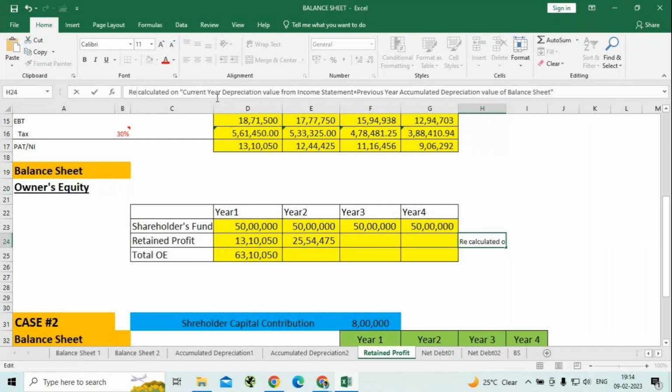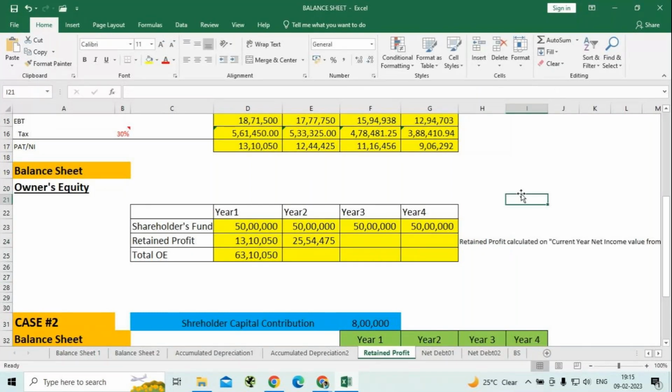Retained profit is calculated on the current year's net income value from the income statement plus the previous year retained profit value of the balance sheet.